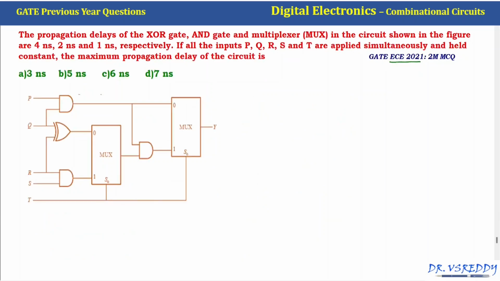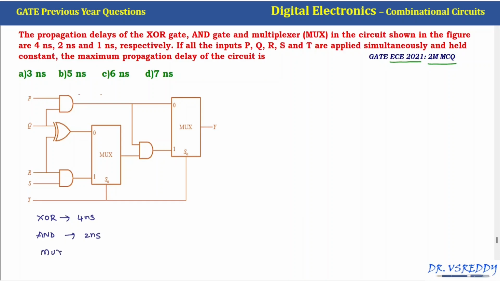This question was asked in GATE ECE 2021, 2 mark MCQ. The propagation delays of the XOR gate, AND gate and multiplexer in the circuit shown in the figure are 4 nanosecond, 2 nanosecond and 1 nanosecond respectively.